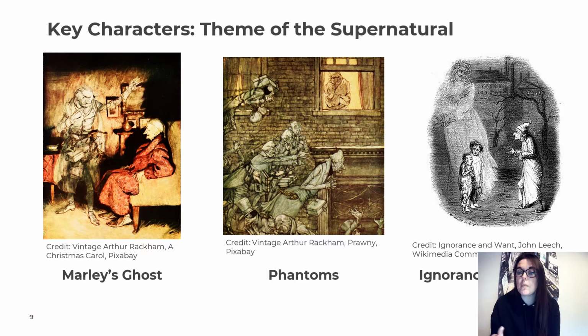The ghost of Christmas present also introduces us to the symbolic characters of ignorance and want, who are the two problems of Victorian society. So we are going to be today focusing on the three main spirits, but there are more ghosts than just those three, and it's important not to forget that they are a motif that runs throughout the entirety of the novella.